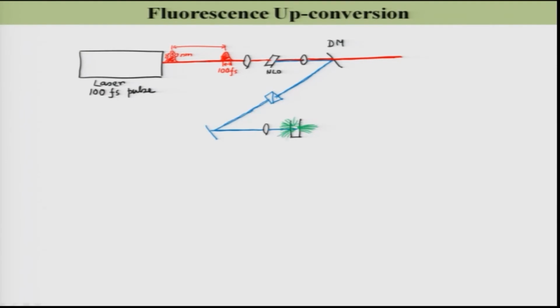You put some mirror or a big lens over here to collect as much fluorescence as you can. Then this fluorescence will be collected at this position, and it will be guided along this pathway.